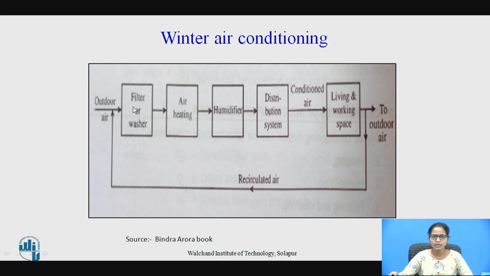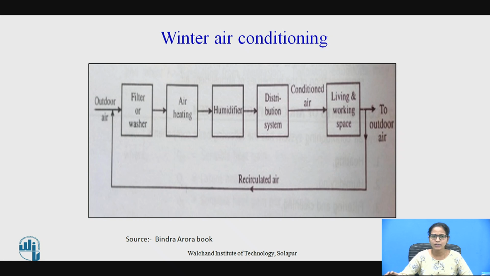So after cleaning, the air has to be heated in the winter. So here the heating process is carried out. But why is the heating process done? Because the air, whatever air is cleaned, has to be heated, and then the humidifier, that means the moisture, has to be added to the heated air.